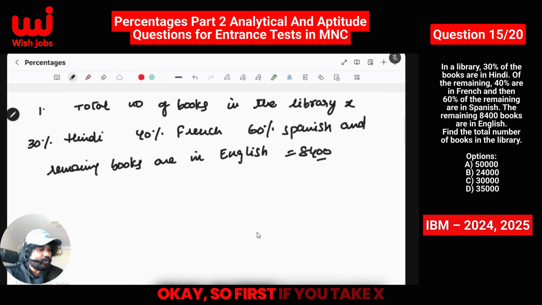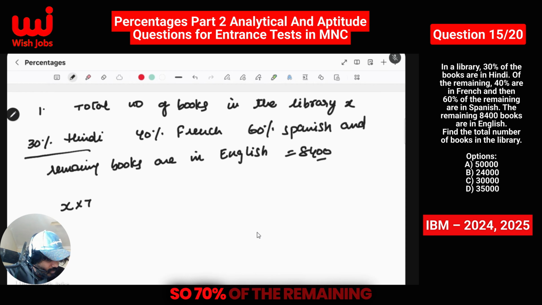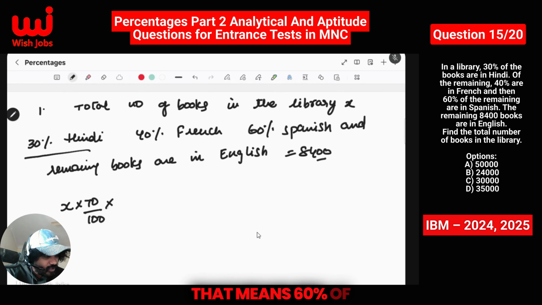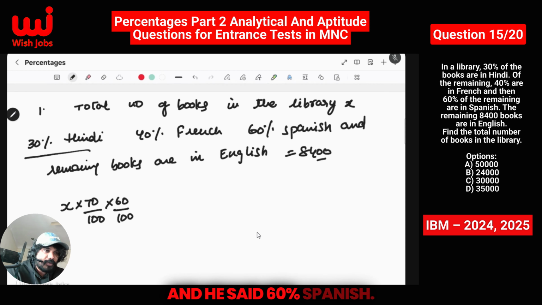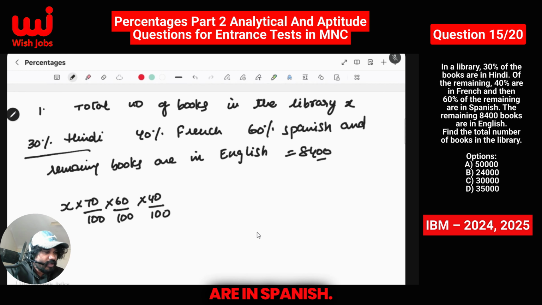First, if you take X as the total number of books, you remove 30%, so 70% of the books remain. He said 40% of the books are in French, which means 60% of the remaining books are there. And he said 60% Spanish, which means 40% of the books remain, and whatever remains, he said 8,400 books are in English.